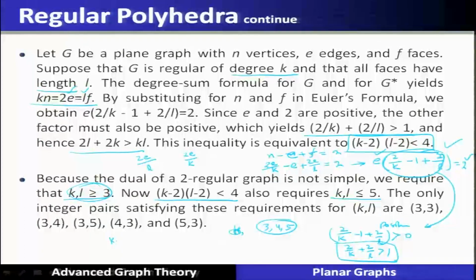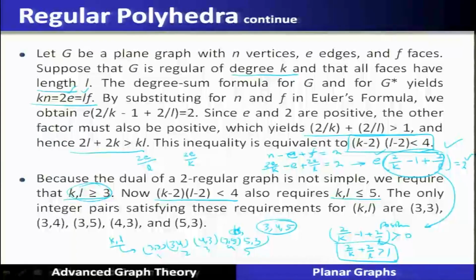So the possible values of k and L are 3 and 3, then 3 and 4, then 4 and 3, then 3 and 5, then 5 and 3. 1, 2, 3, 4, 5.